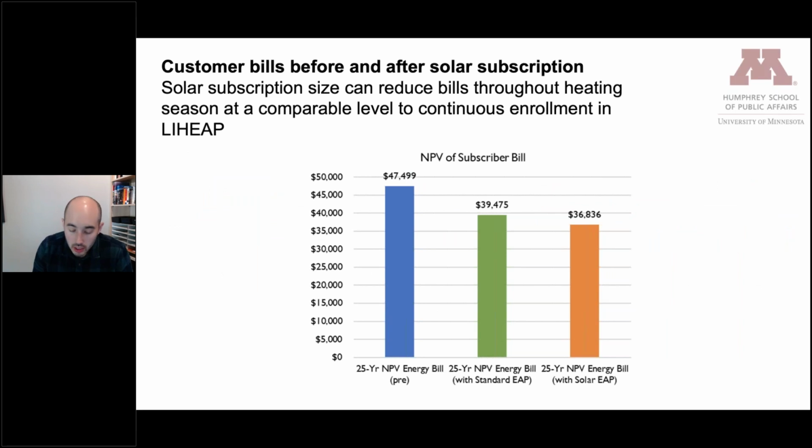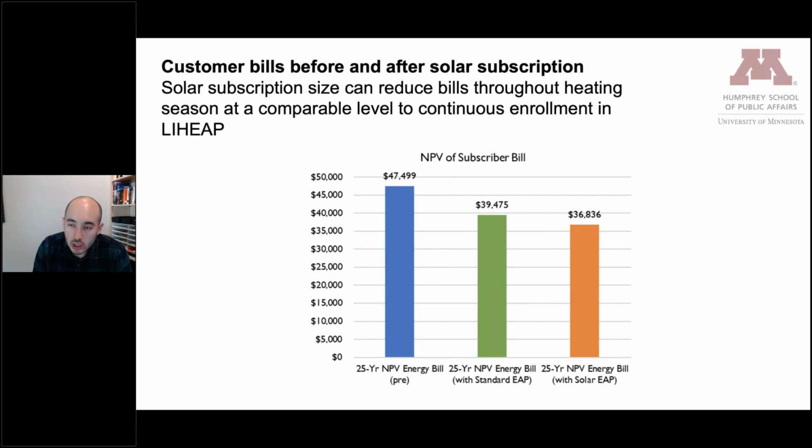As I mentioned, one of the key things we want to understand too is how does this compare to traditional energy assistance? And so what we want to do also is make sure that no household is worse off on this program than their ordinary energy system. In fact, would be made better off through this. And so again, this kind of comes down to trying to calibrate the subscription size so that they're getting at least as much and ideally a lot more benefit out of this than they would under their traditional energy assistance.